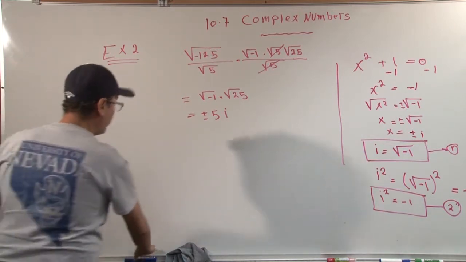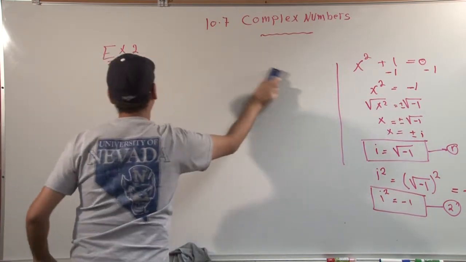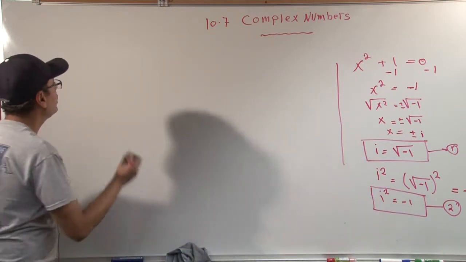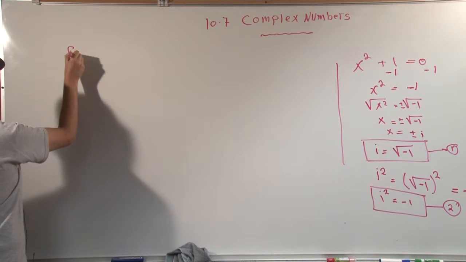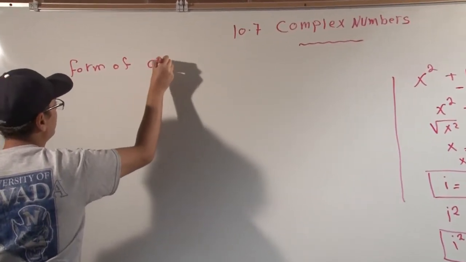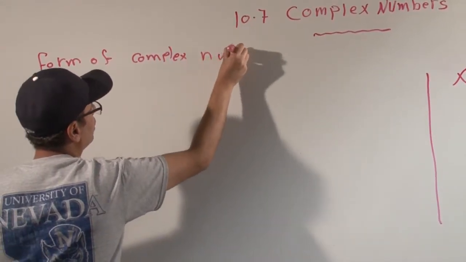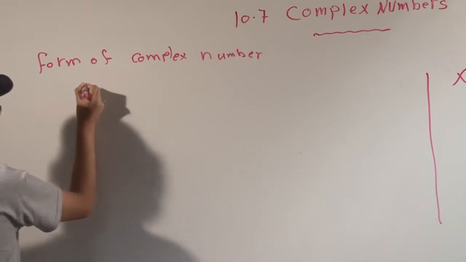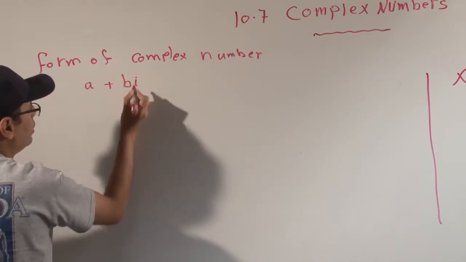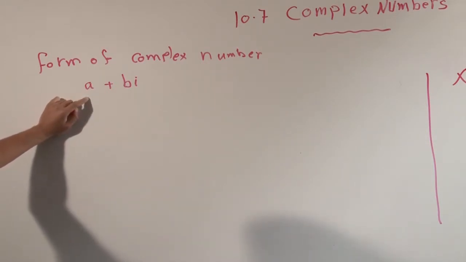So from that, I can make a form for my complex number. The form of complex numbers is a plus bi. This is a real number.